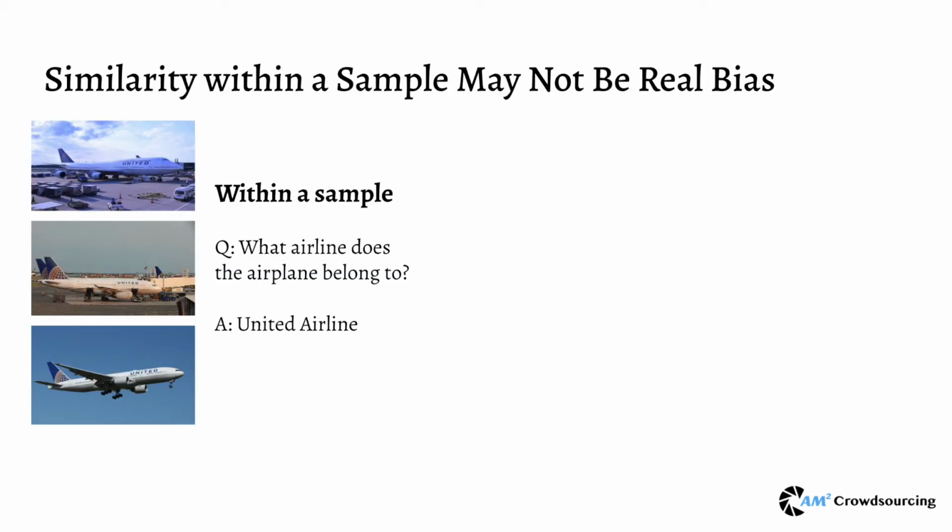With the step 1 outputs, you may think, why not just stop there with the questions describing biases? The reason why we still need the next step is that some similarities may apply to certain images, but not all. For example, if the common feature among these three airplane images was that they all belong to United Airlines, it may not be true for all the other airplane images.